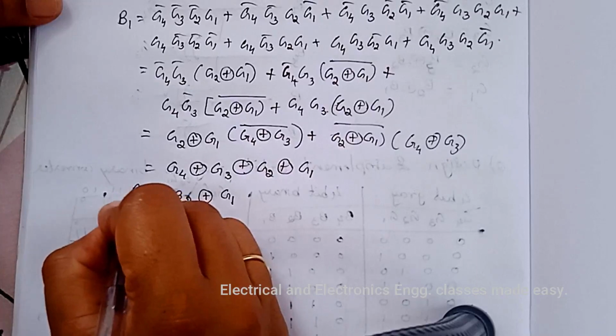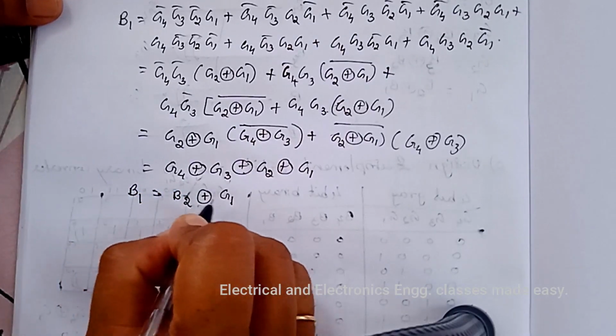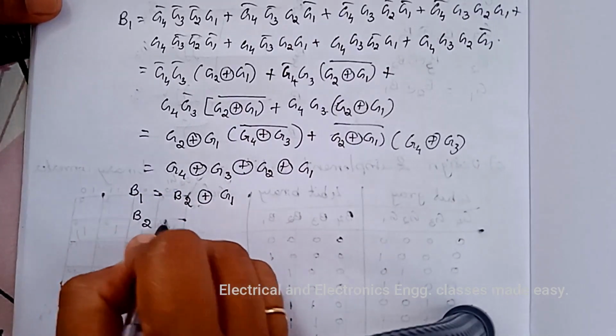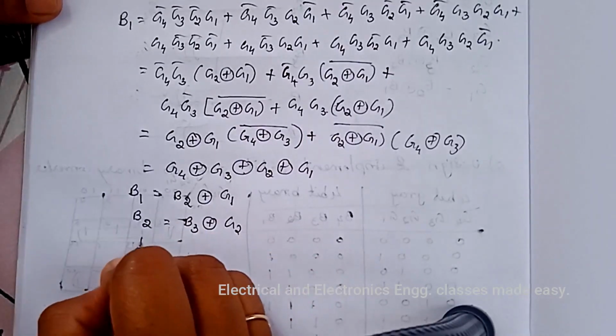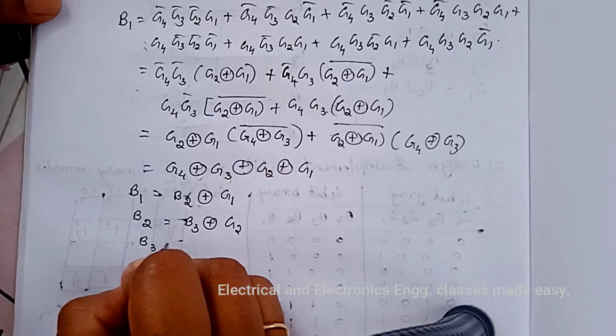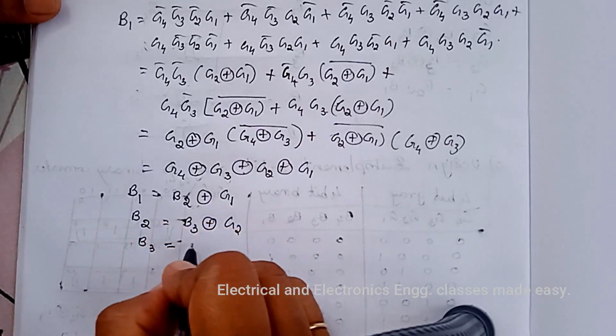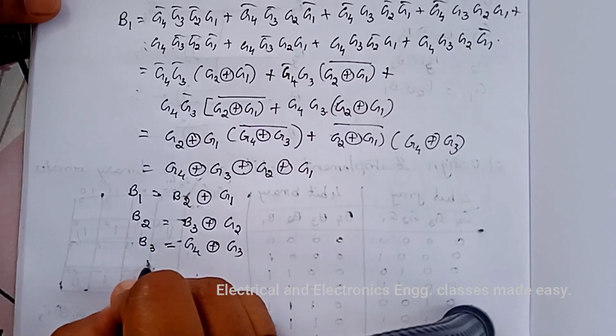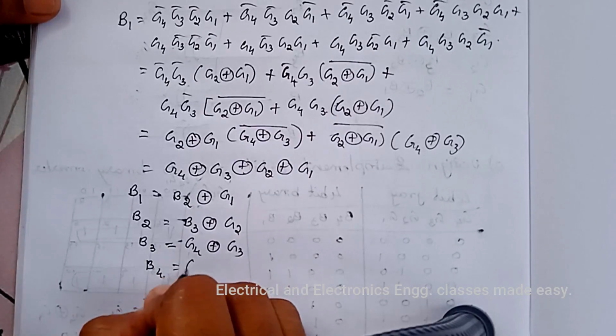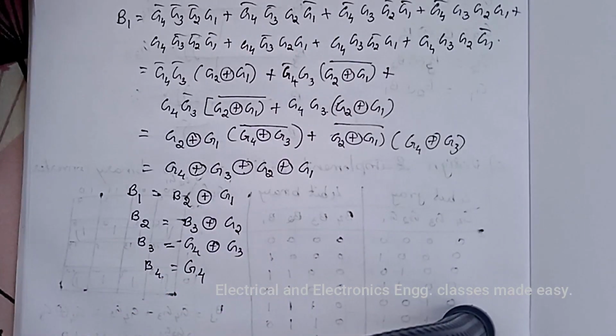So B1 is equal to B2 XOR G1, and B2 we got B3 XOR G2, B3 as G4 XOR G3, and B4 equal to G4.